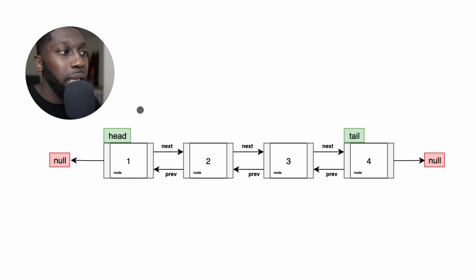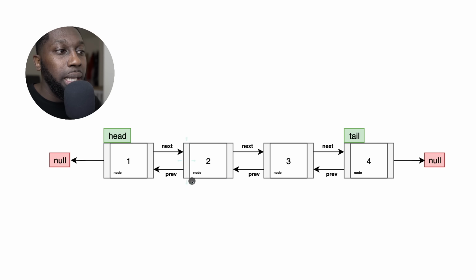So this is the head node right here. And each node contains a reference to the next node and a reference to the previous node. Now the head right here is a special one. So the previous node for this first node points to null.